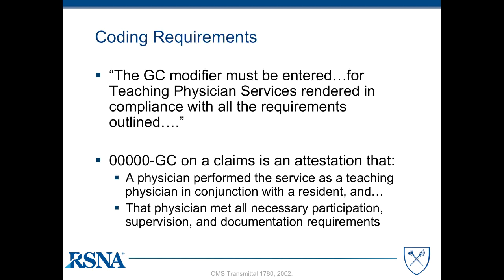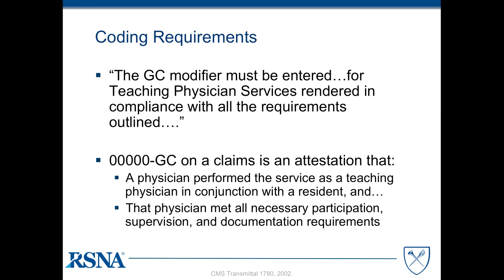You can read what Medicare says here. The GC modifier must be entered for teaching physician services rendered in compliance with all of the requirements outlined. So your coders only know that you actually did all those things if you document them appropriately. And Medicare only knows that you did all those things because the GC modifier is attached. What does this mean?